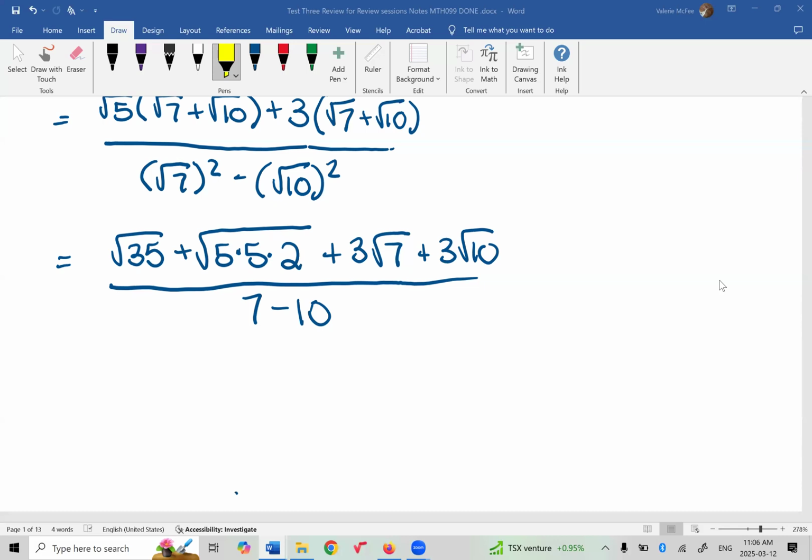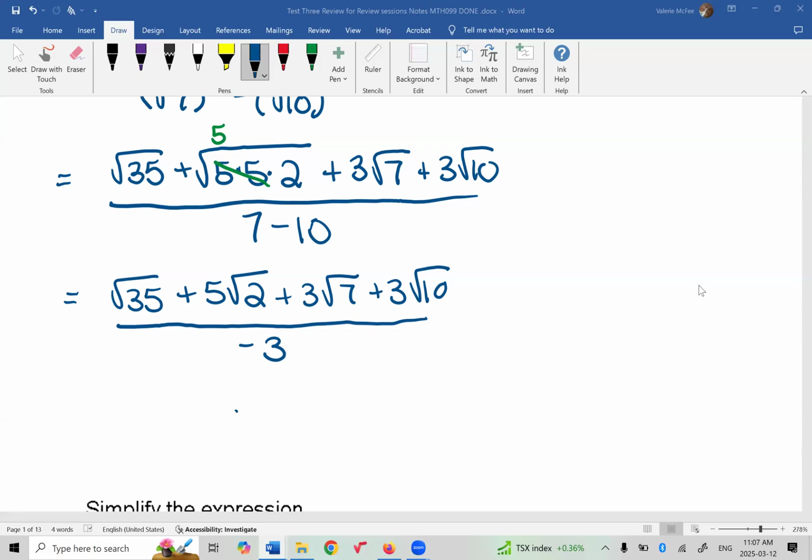Notice that when I had root 5 multiplying root 10, instead of writing root 50, I prime factored 10 with the 5. Now I can see that there are two factors of 5 that can be taken out to simplify this. So I've simplified everything here. The only thing to note is that we don't usually like to leave a negative sign in the denominator.